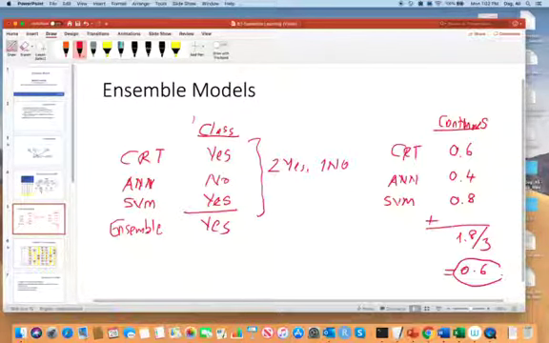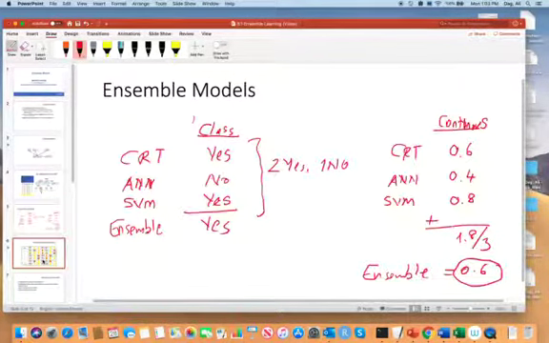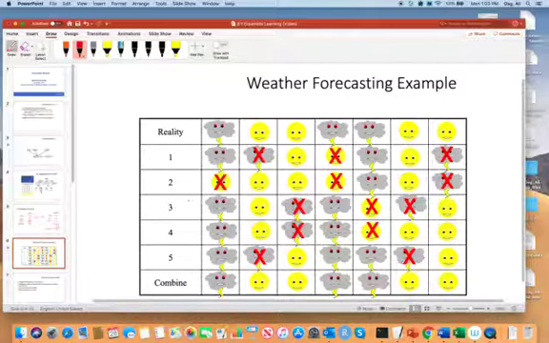That means, since it is above 0.5, the ensemble model will say that the probability of Ali playing tennis will be 0.6, which means yes, Ali will be playing tennis just because it's above the 0.5 level. All right, that's how simple it is, and everything will be aligned with this thinking.